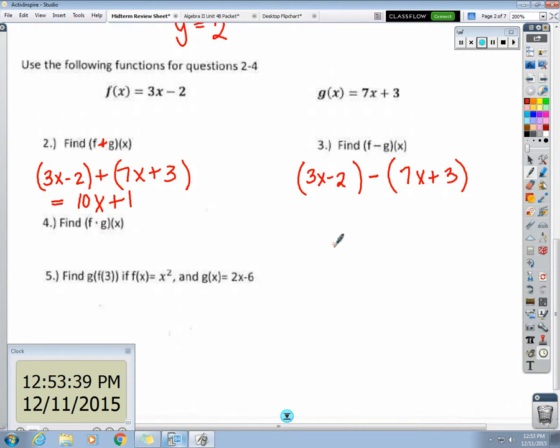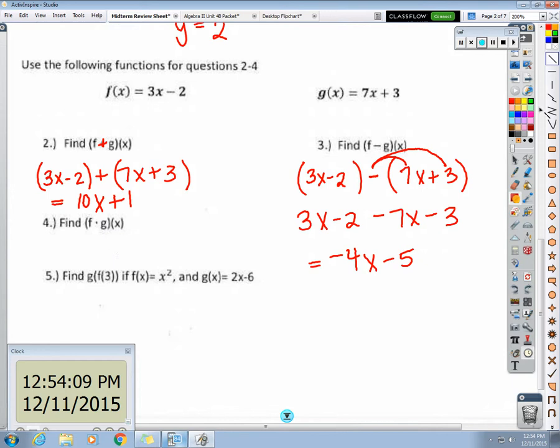You have to distribute this negative out, and then just combine like terms. 3x minus 7x is negative 4x. Negative 2 minus 3 is negative 5. And then that's your final answer. Okay. Number 4.